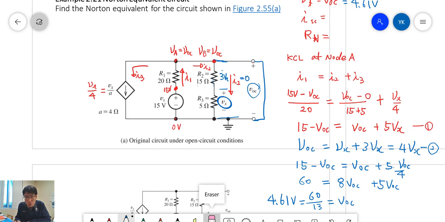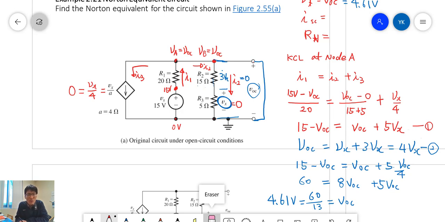No current goes into these two resistors, because only the short circuit path has no resistance. So I2 is 0, which means Vx is also 0, because no current flows. Another important thing is that the dependent source depends on the voltage across R3, so since Vx is 0, the dependent source is also 0. So this one is 0 and that one is 0.